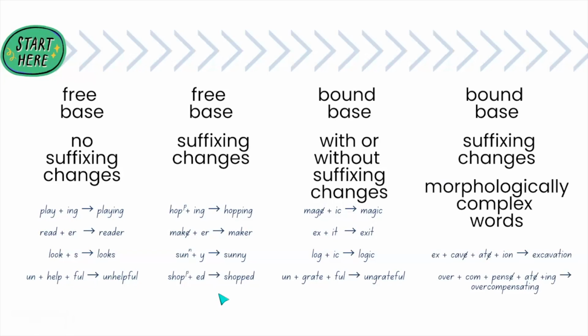Once you've looked at a bound base that adds one affix, now we're going to look at bound bases that build out morphologically complex words. So maybe there is one or two prefixes. Maybe there are two or three suffixes, which is why we don't say prefixes go at the beginning and suffixes go at the end.